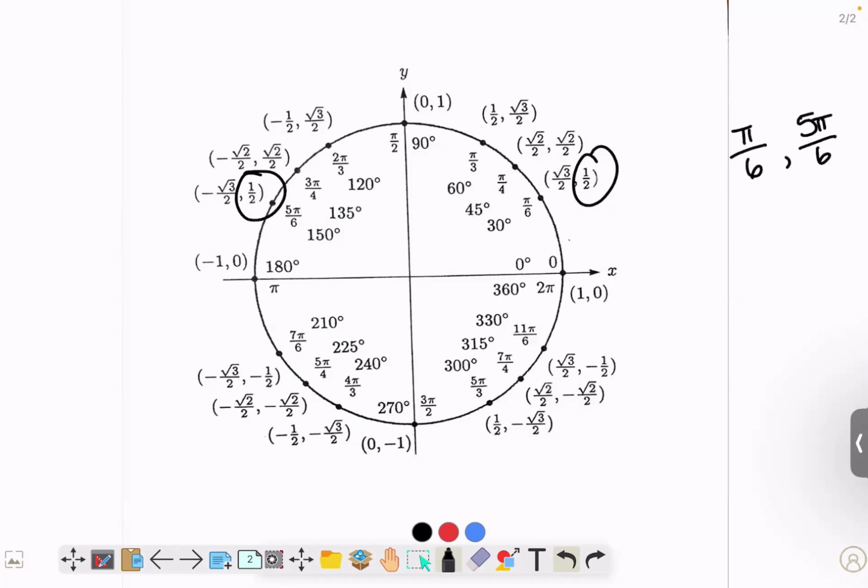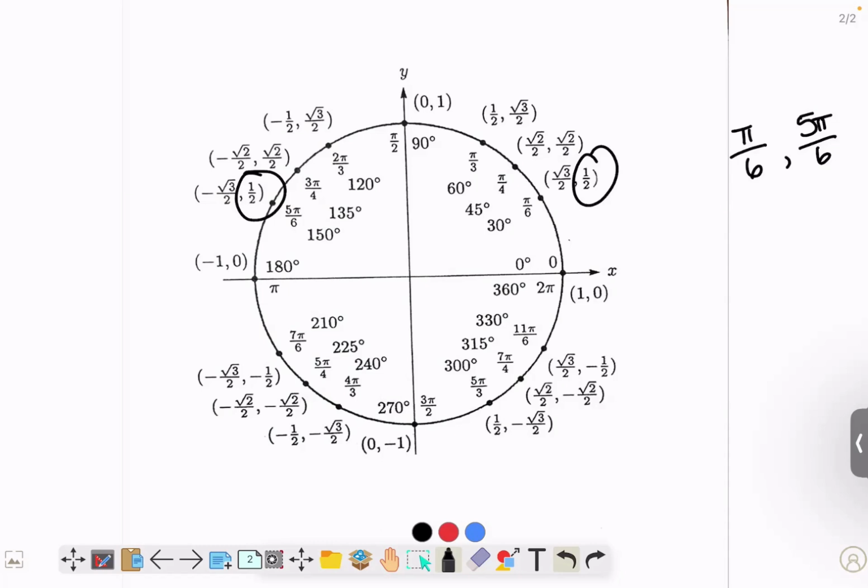But as we go around the circle and these values start to repeat, we're going to get sine values of 1/2 again, over and over and over infinitely. So in order to represent all of these solutions, we call this the general solution. We just need to add multiples of the period, and the period for sine is 2 pi.